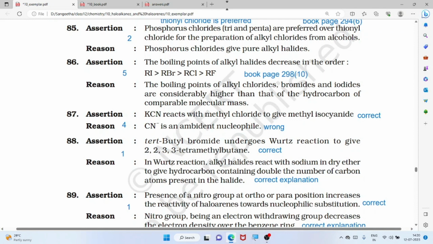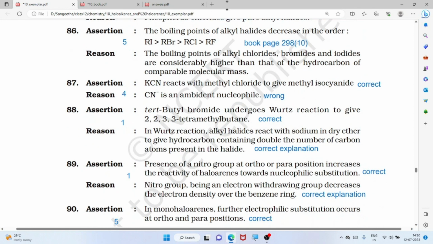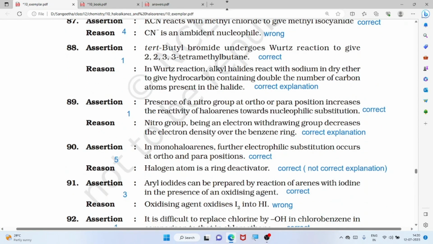Okay, so the reason is not the correct explanation of this boiling point. This is correct and this reason is wrong. So this is correct, and this is also the correct explanation.